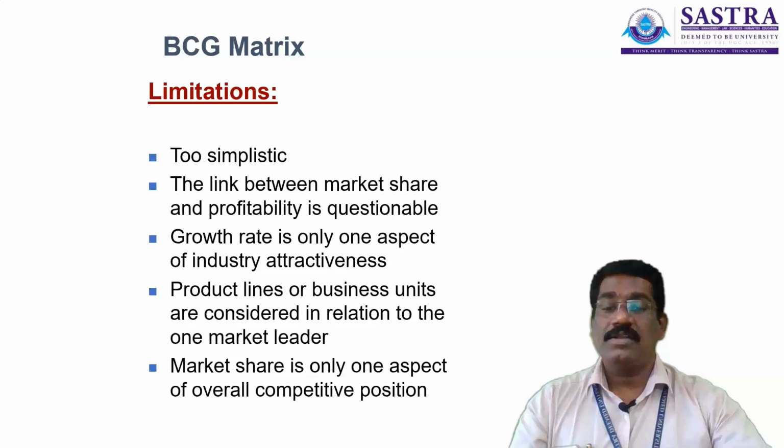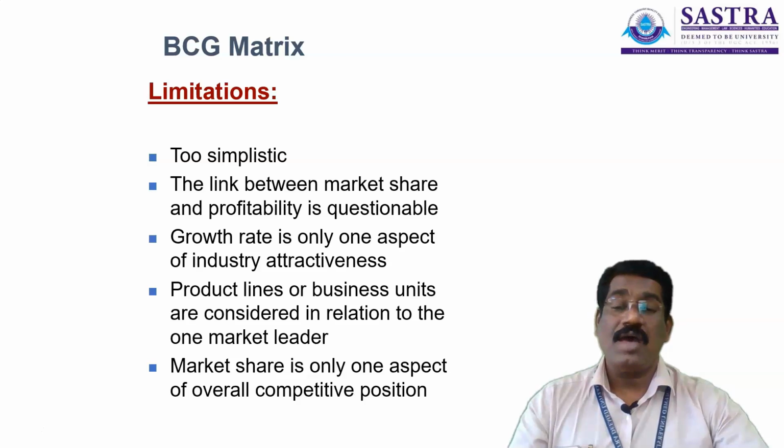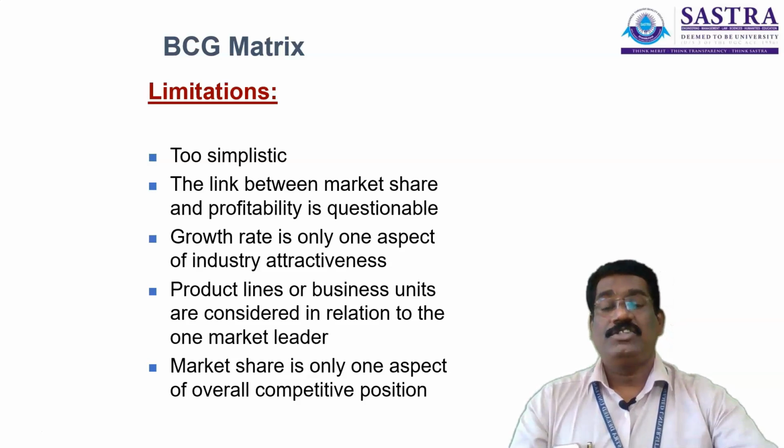Growth rate is only one aspect of industry attractiveness, because there are many more factors and parameters which talk about industry attractiveness, but the BCG matrix does not give importance to those other factors.